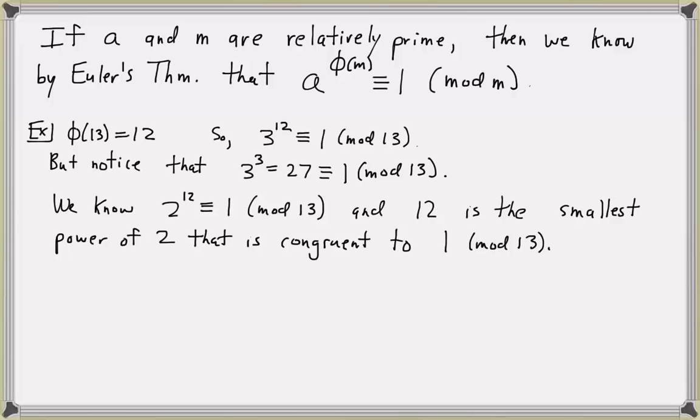So we know that if a is relatively prime to m, then a to the phi of m is always going to be congruent to 1. But sometimes there might be a smaller power of the base that is congruent to 1. This leads to the following definition of the order of an integer.